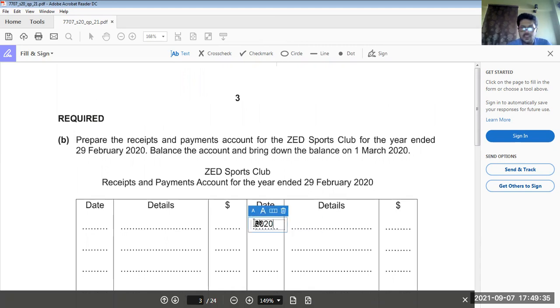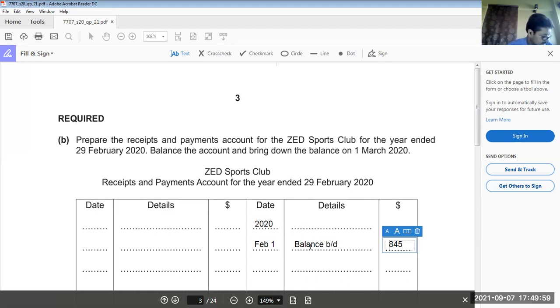Write over here 2020. Balance on the credit side because we have overdrawn. So how much have we overdrawn? 845.